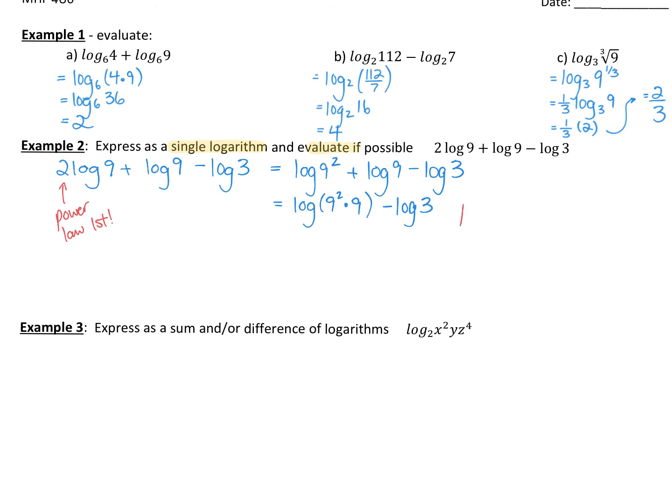Okay, so that was product law. And then I'm going to use the quotient law. You can simplify at the same time or in the next step. So I'm going to take 9 squared times 9 and divide by 3. That's quotient law.